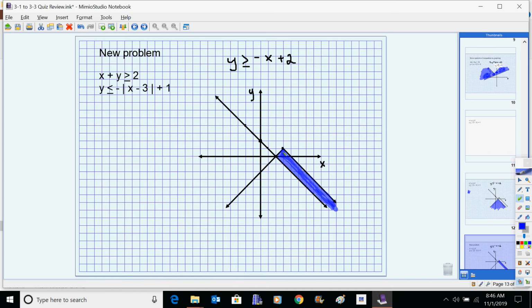So the greater than sends it above the solid line right here. And so above, and then under the absolute value, makes our solution be this little thing right here. So it does matter whether you're greater or less, and you have to very carefully figure out what makes sense in those.